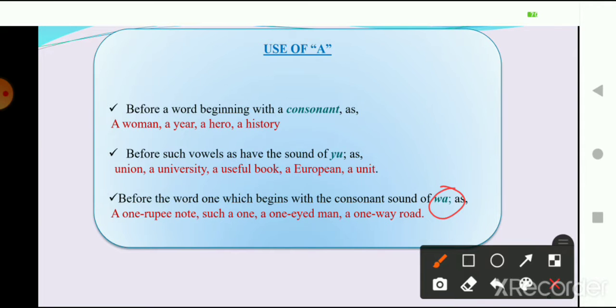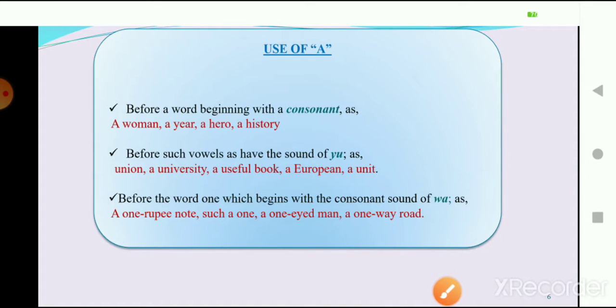When we pronounce the word with a w sound, then we use the article a before these nouns. Understood? So these are the three ways in which we use the article a.